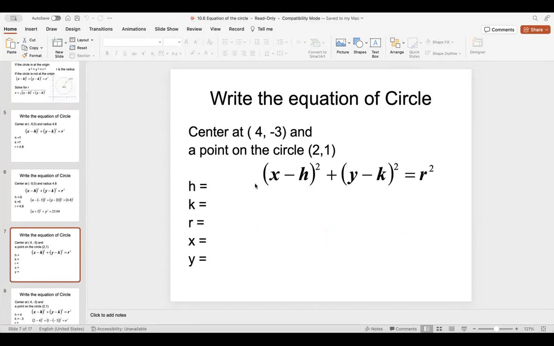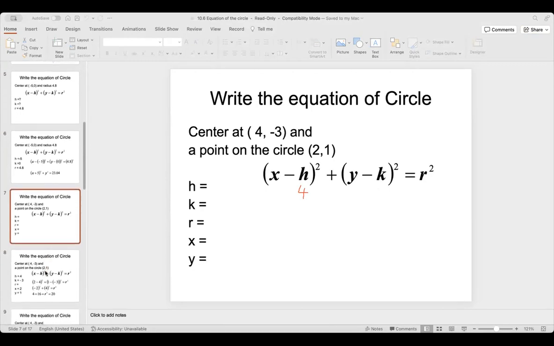So another one is this. If you are given this and you have to write the equation of the circle, it's very straightforward. So this is the center. You see the 4, and h is -4. So you put that one there.